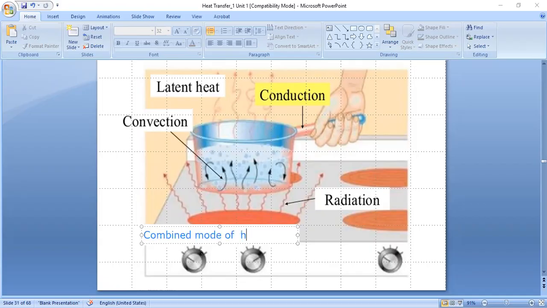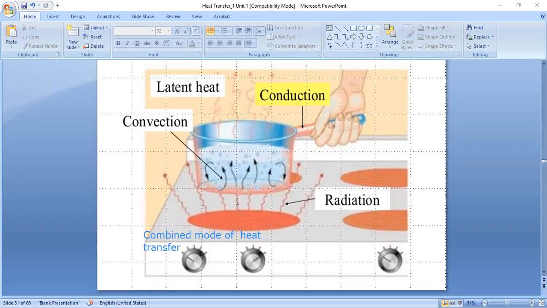Combined mode of heat transfer means, look here, this is the stove. The stove continuously supplies heat to the cooker. That heat is transferred by the mode of conduction.